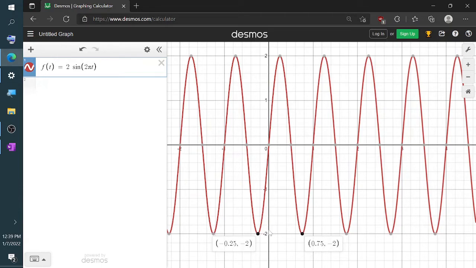Because of the repetitive nature of sine, there are going to be a bunch of different shifts which all have basically the same effect on the graph. So you can choose whichever shift you prefer that for this particular problem will get the minimum point over here to time t equals 0.